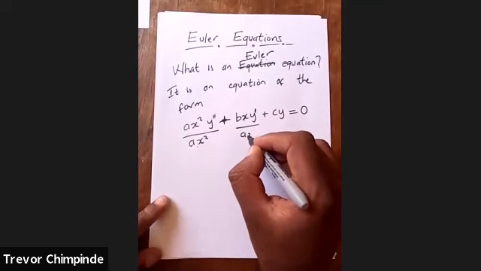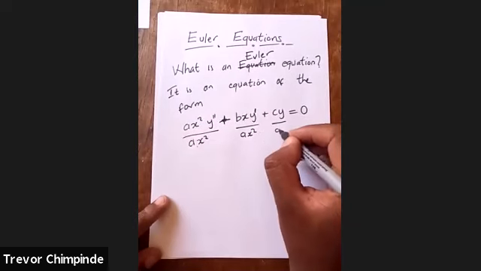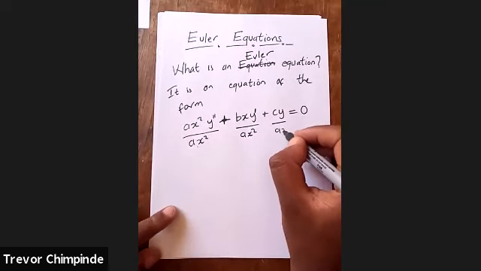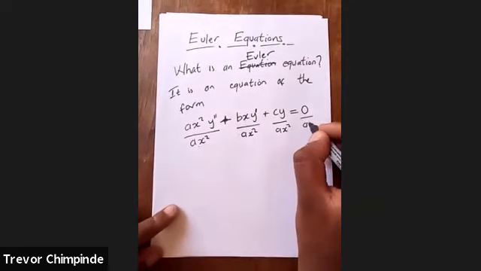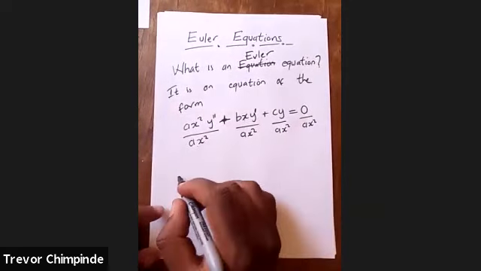So we divide through by ax squared. 0 over x squared is just 0. So what do we get?